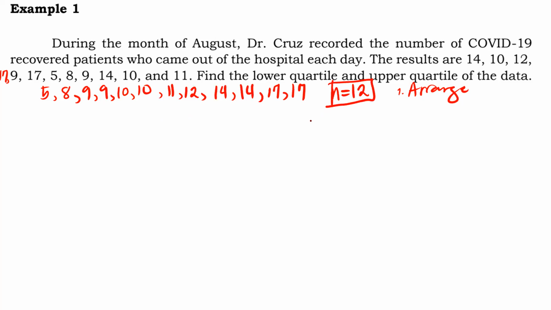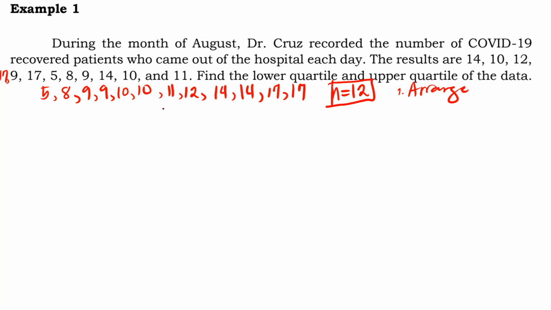Let us find out kung exact pa rin yung location ng data, or should I say, yung data na makukuha natin or yung location niya ay kung ano yung mismong data, at wala siyang katulad ng ginagawa natin sa median na nasa pagitan ng dalawang data.